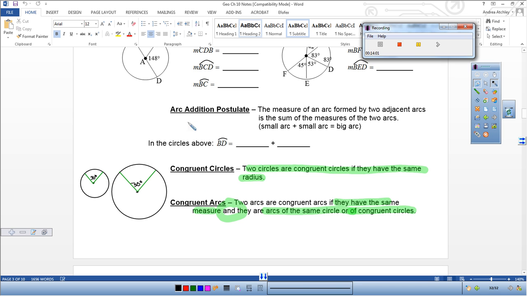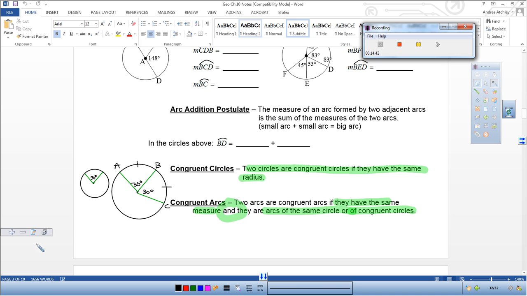In order for them to be congruent, I'd have to have them on the same circle. Let's do this: A, B, C. Now, since these are both in the same circle, these arcs should be congruent.